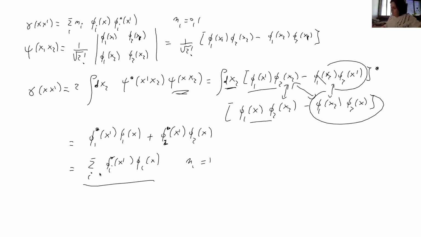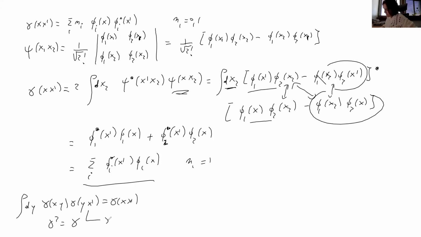So it means that if I have my density matrix, this is equal again to gamma of x, x prime. Sometimes it's written simply like this, idempotency. And when this is the case, this means that your occupation numbers are 0 and 1, and you can prove it in a simple way, just plugging in the spectral representation left and right.